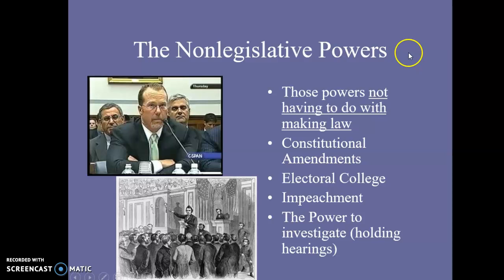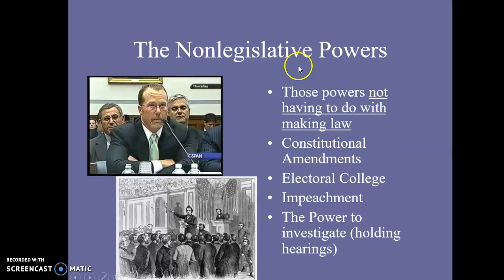So in conclusion, we also have some non-legislative powers, which are powers not having to do with lawmaking. These relate to constitutional amendments, the electoral college, the impeachment process, which are functions under Congress, and the power to investigate, to hold hearings.